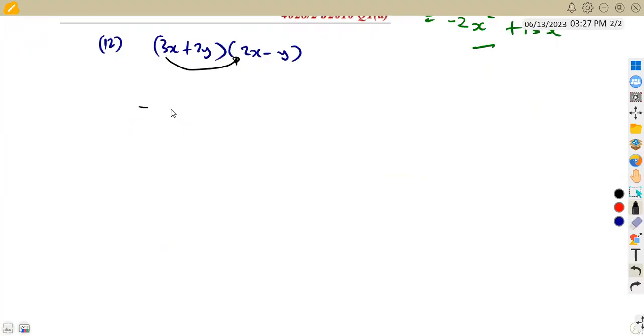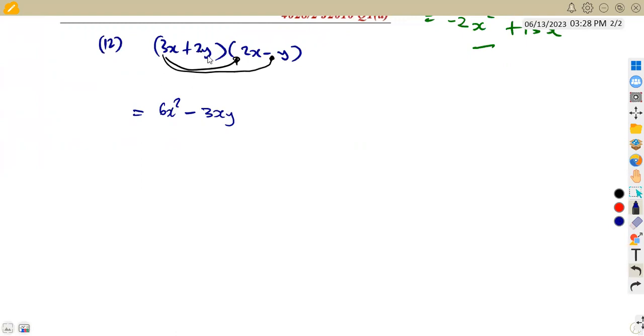So you're going to have 6x squared, not just 6x, but x squared. Then the same thing, 3x to negative y this time. A positive and a negative gives a negative. So this will be negative 3xy. Since I've written the first part as xy, I'm supposed to maintain that same format.